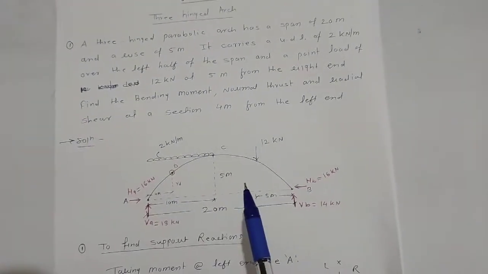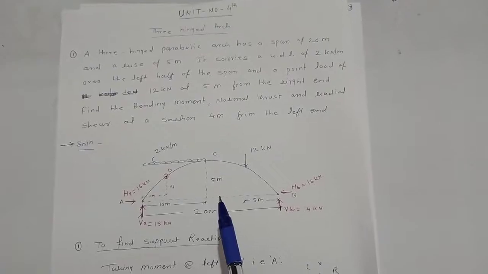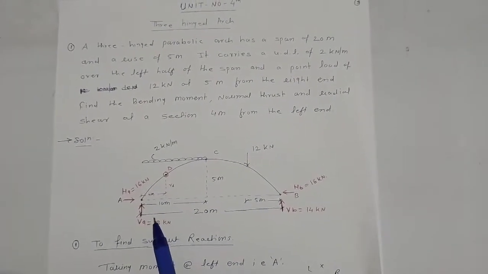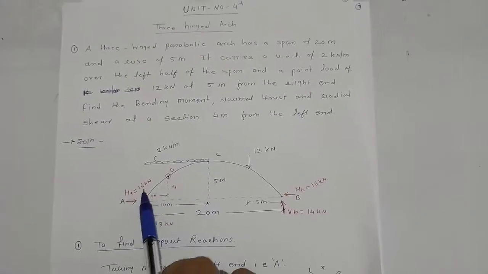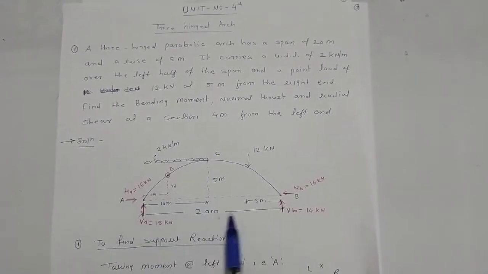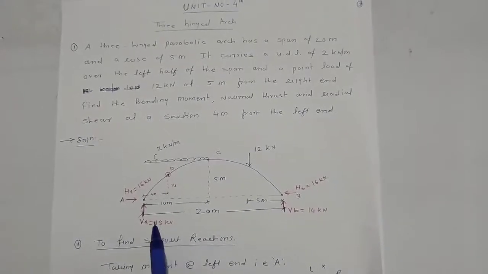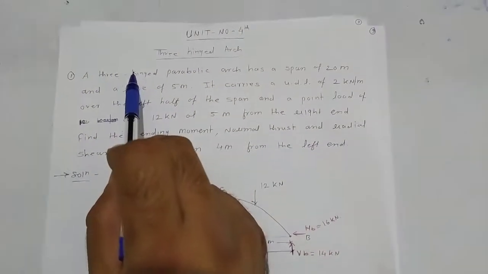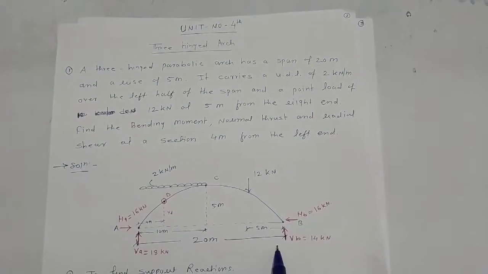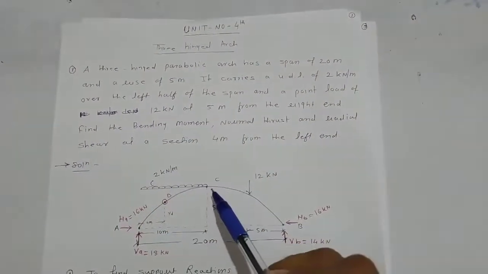Okay. So first we will draw the line diagram of 3-hinge arch. This is our 3-hinge arch, this first, second and third. These are the points of the hinge. Our 3-hinge parabolic arch has a span of 20 meter. So this one is the span, the rise 5 meter.